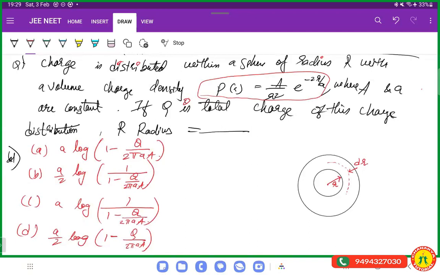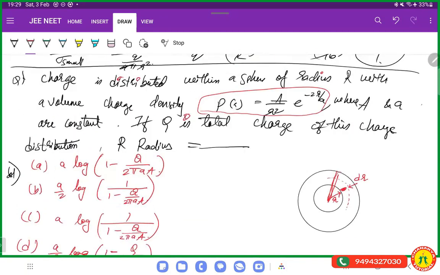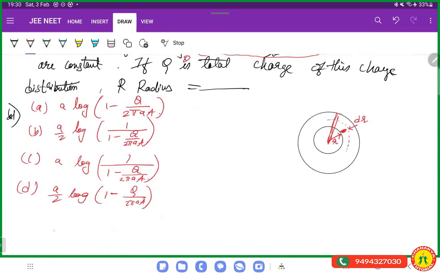So if we take a small part of it, we will revolve it around the whole portion. For that, we need to find first the charge distribution. Q is the total charge.